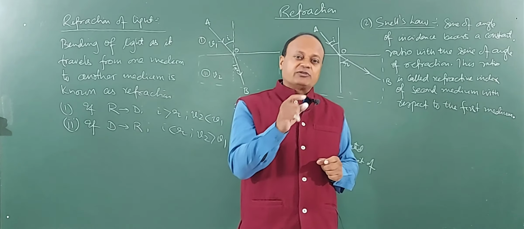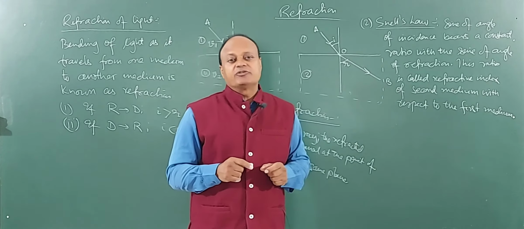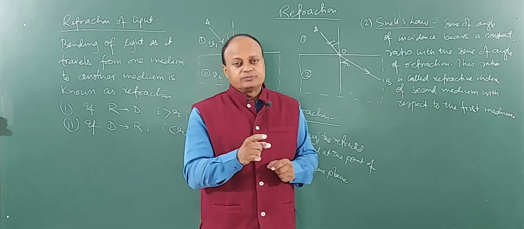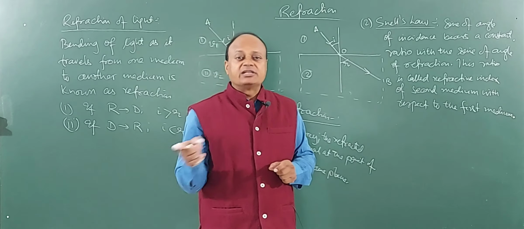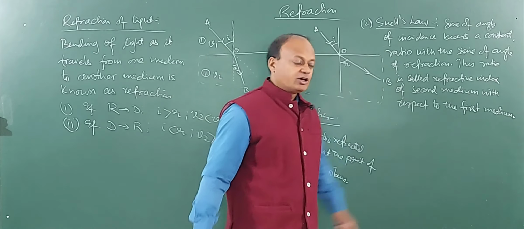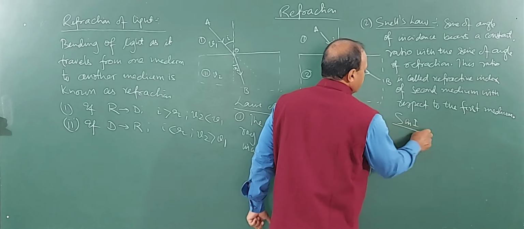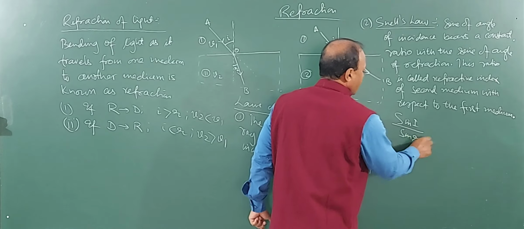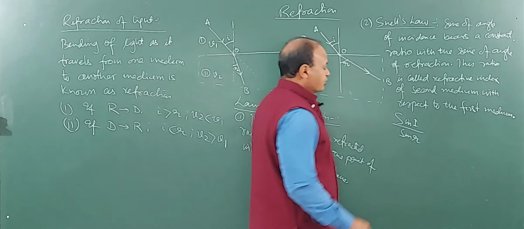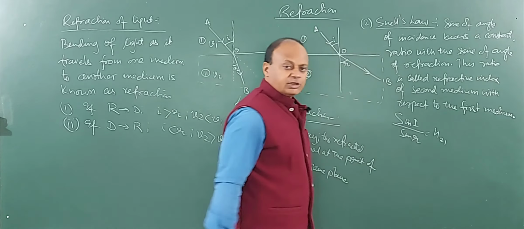Now you must be very clear what is medium 1 and what is medium 2. Medium 1 is the medium in which the source of light is placed, and medium 2 is the medium into which the light is going, right? So if I mathematically put the second law, I will be writing sine of I divided by sine of R, and this ratio is equal to n21.